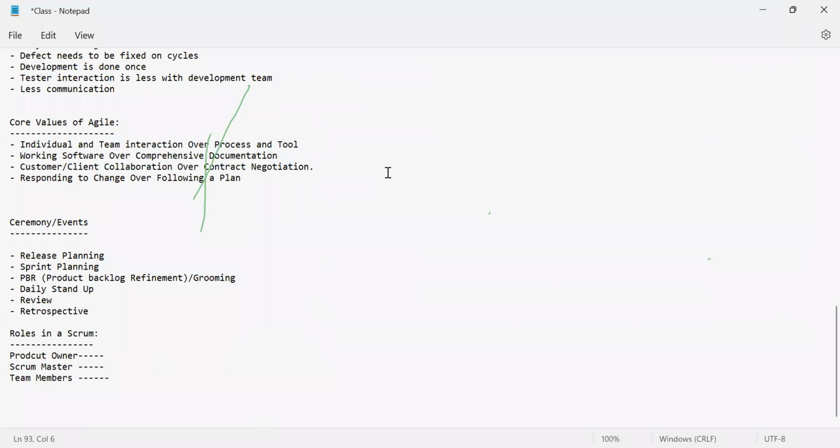No manager is supposed to join, only team members and the Scrum Master. What needs to be answered? What went well during the sprint? What did not go well during the sprint? What are the improvement areas? What needs to be continued? These are the 4 questions that will be answered as part of this retrospective.